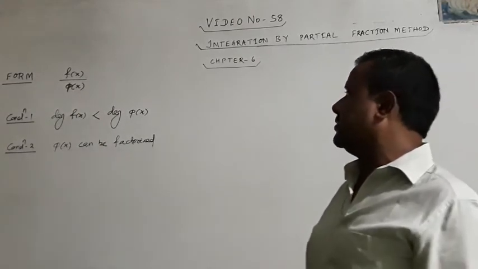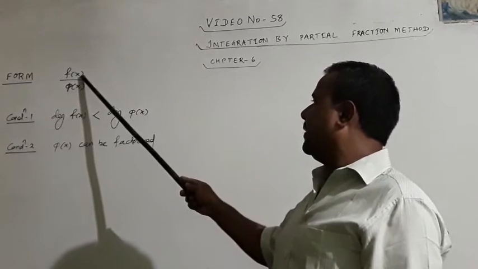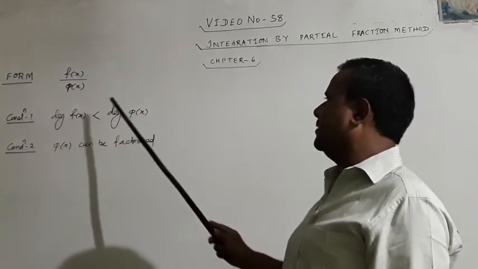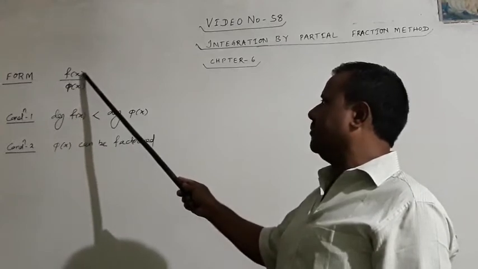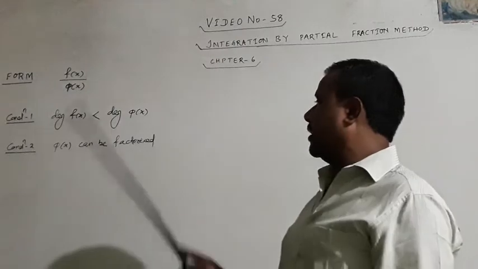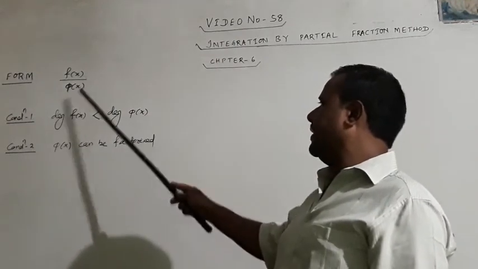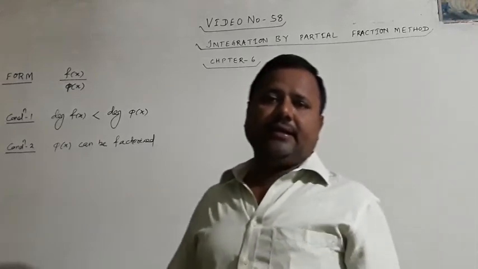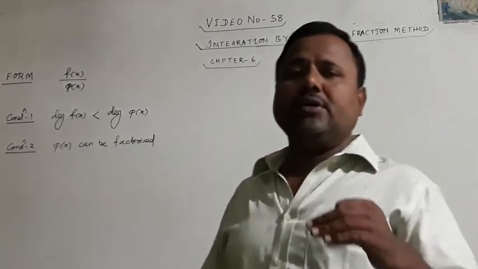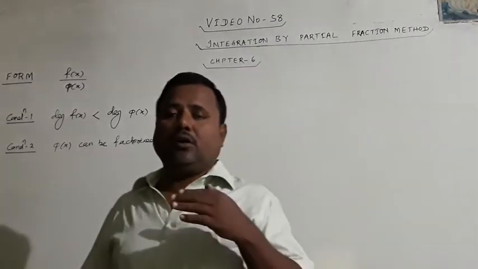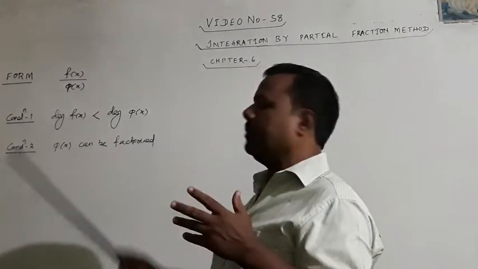What are those conditions? The degree of f(x) must be less than the degree of phi(x). The degree of the numerator must be less than the degree of the denominator. Condition 2, this phi(x) can be factorized, and I am giving you 3 to 4 conditions about this phi(x).